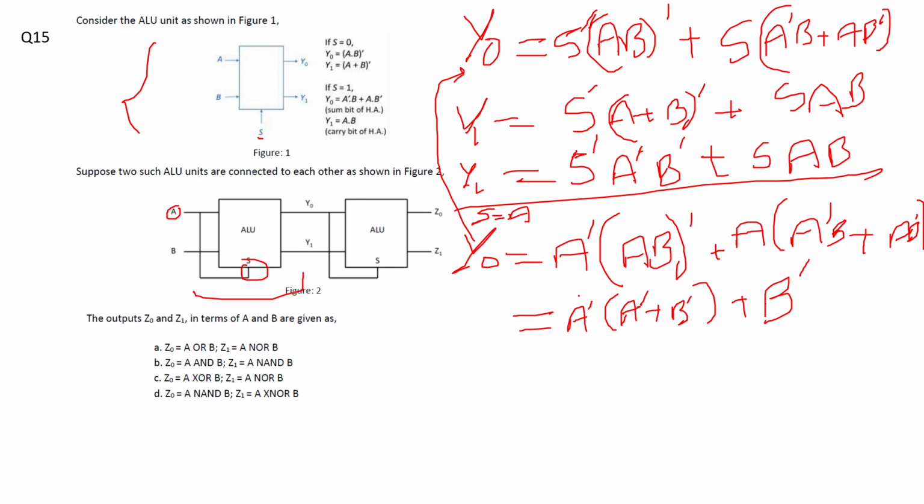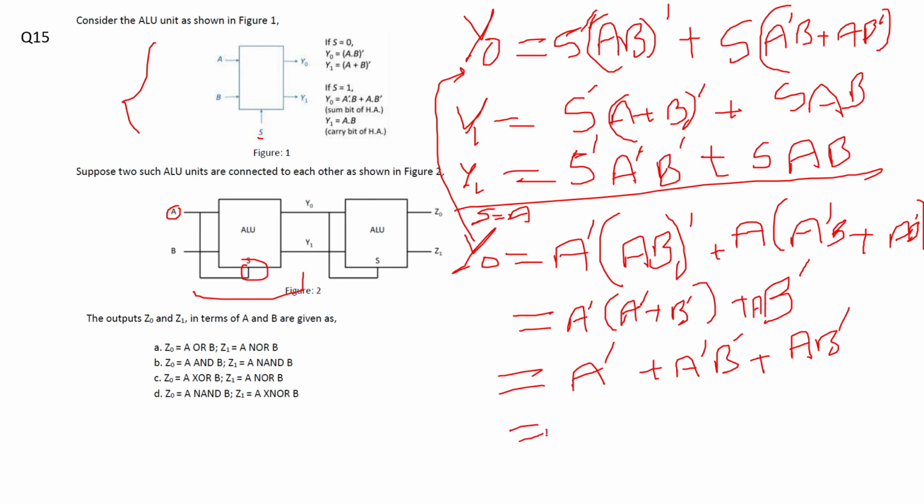No, let me just check it. Something is missing here. This thing is A complement B, that is 0, plus A B complement, and this is A complement plus A complement B complement plus A B complement.